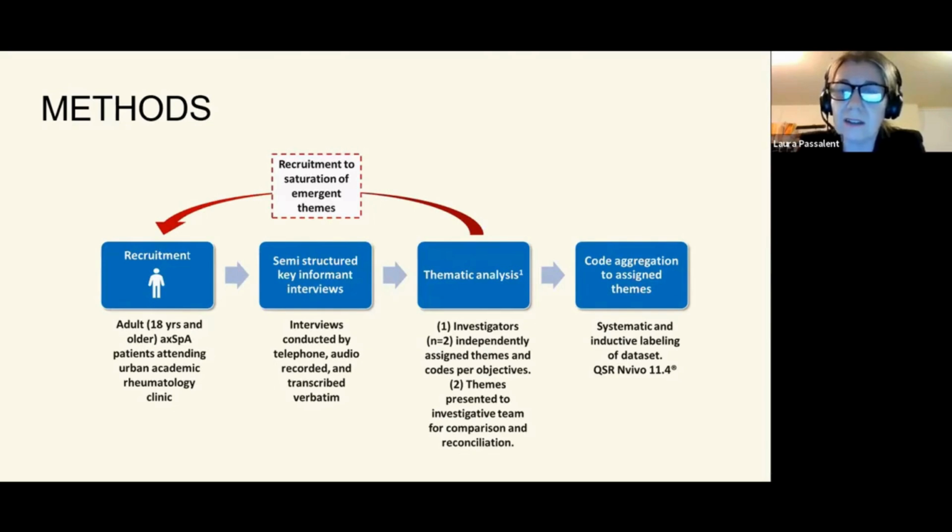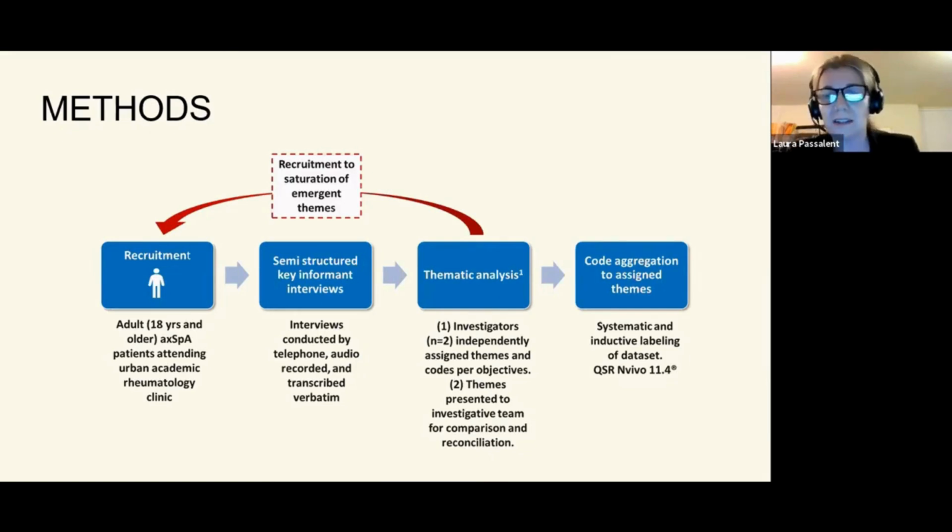What we did with all this information is then we started to develop what's called a thematic analysis. So we assigned themes and codes according to those objectives that I just stated. And we kept interviewing people with AxSpA until we started to hear the same things over and over again. So that's called saturation of emergent themes.